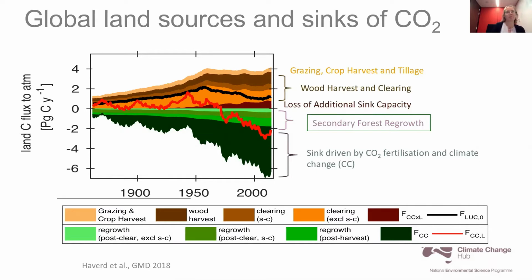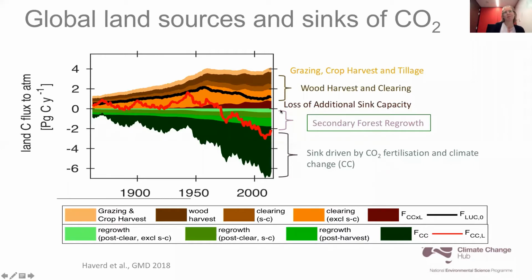And that itself can be broken down into regrowth on abandoned farmland that's not shifting cultivation, regrowth on farmland that is undergoing shifting cultivation, and regrowth in forests that have remained forests. In other words, regrowth after a harvest event. And then on the source side, we have source terms from wood harvest and clearing, and also from management of pastures and croplands.